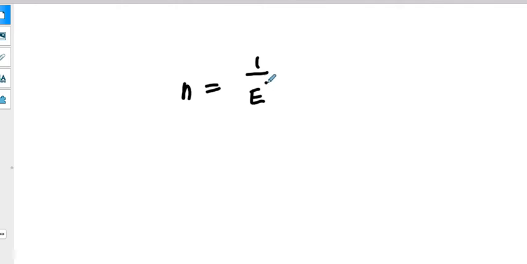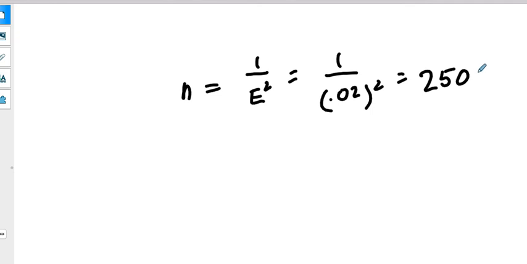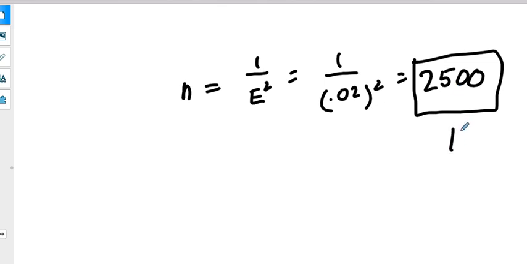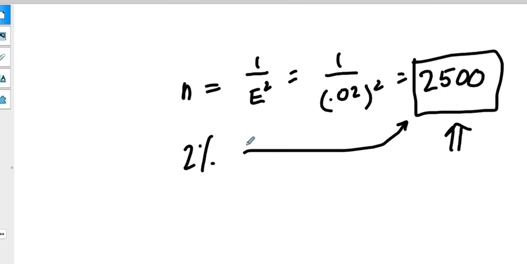Because if we do that, we're just going to have 1 over 0.02 squared, which is going to give us 2,500, which is not the answer, which would be frustrating for both of us. Why is that not the answer? And so this is the answer if you want to achieve a margin of error of 2%. What size must your sample be? Okay, that's the answer to that question.